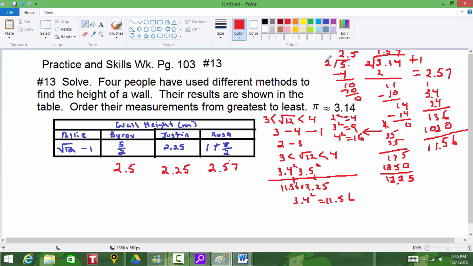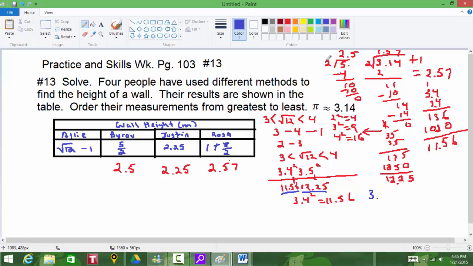Okay, so what does that tell us? Our number, the square root of 12, is going to be between these two right here. It's going to be between the 11.56 and the 12.25. Okay, so we just made it into a little bit smaller interval. So I'm going to write that down.